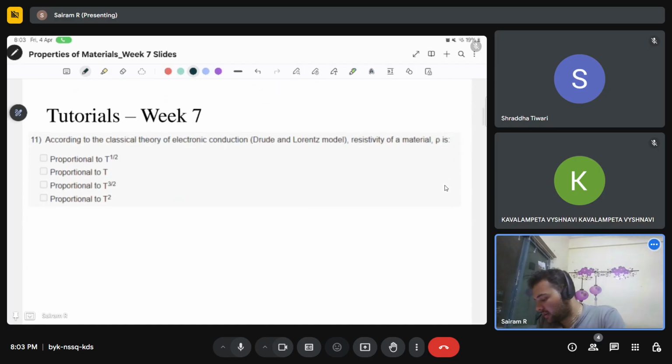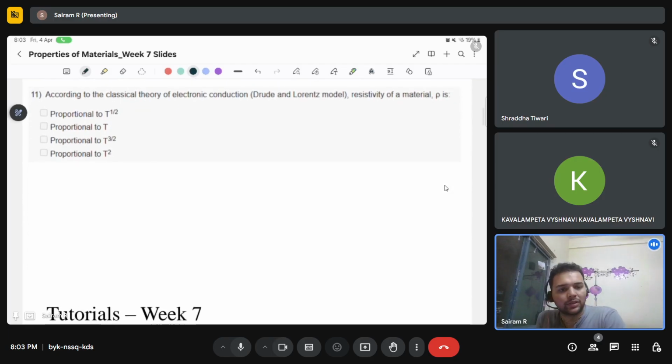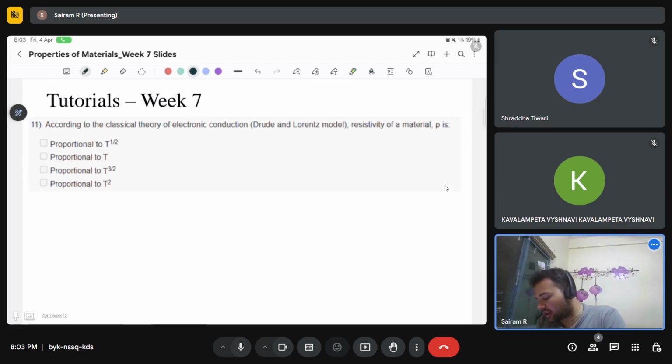Moving on, we have a few participants right now. According to the classical theory of electronic conduction, the Drude and Lorentz model, resistivity of a material rho is directly proportional to. This was discussed in, I think, the fourth class of this week, the introductory class to electrical conductivity.